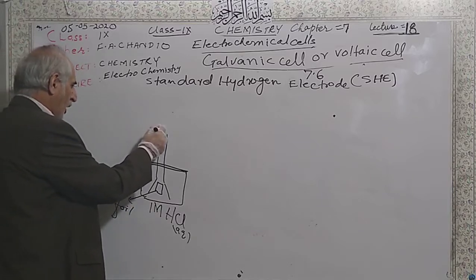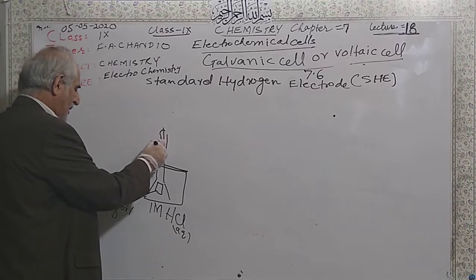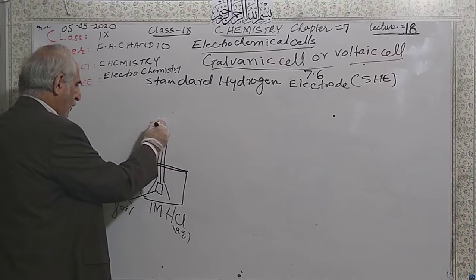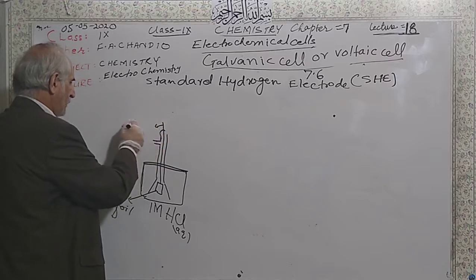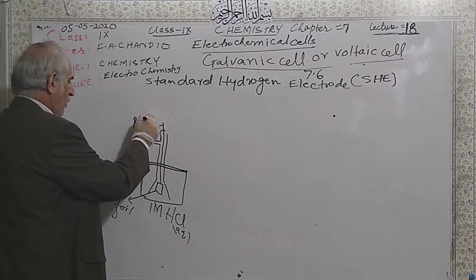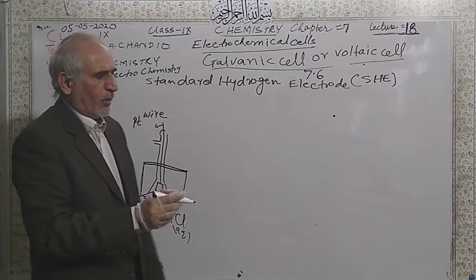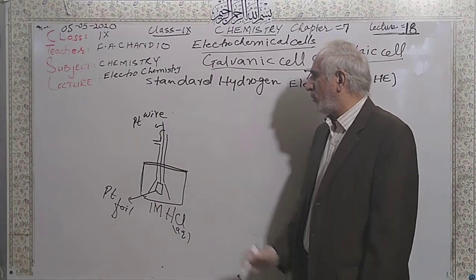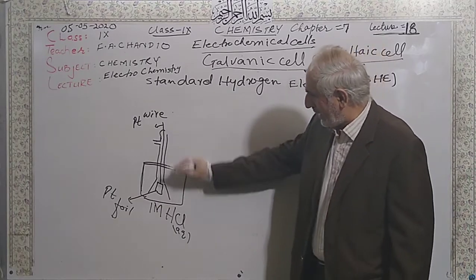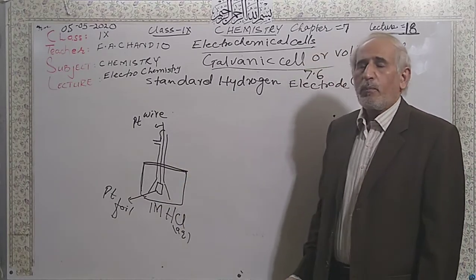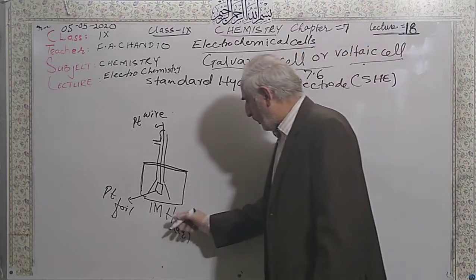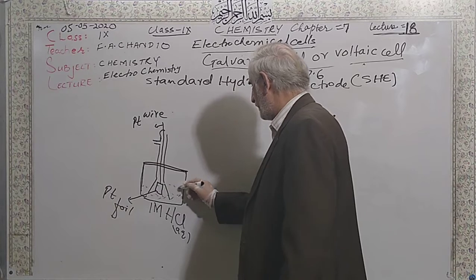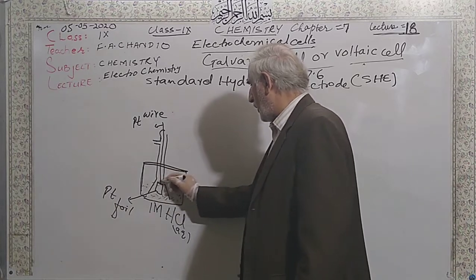This platinum foil is connected with the platinum wire. I told you platinum is a very good electrode. We use it as an electrode. So this is the platinum wire which is connected with the platinum foil dipped in 1 molar solution of hydrochloric acid.